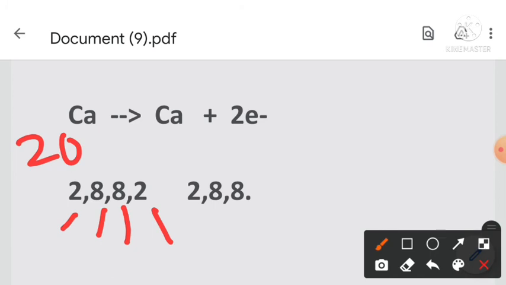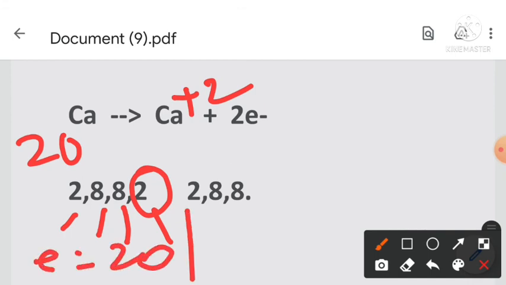Its outermost shell loses its electrons and gets a +2 charge. In the calcium atom the electrons are 20, whereas in the calcium ion the electrons are 18. In this way, we derive metals from various elements.